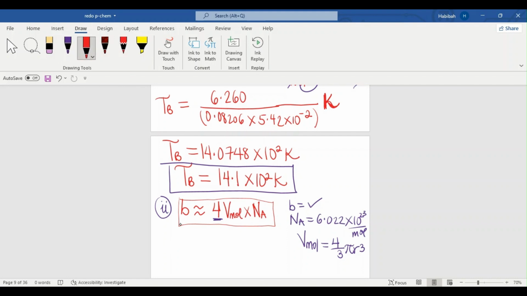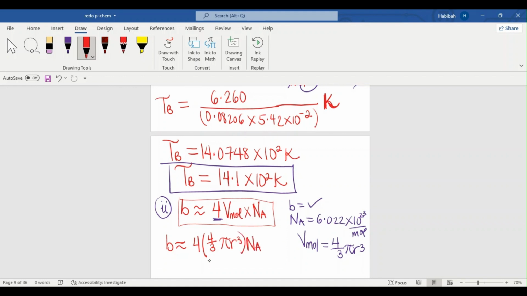So writing out everything, B is going to be equal to 4 times 4 over 3 pi r cubed times Na.